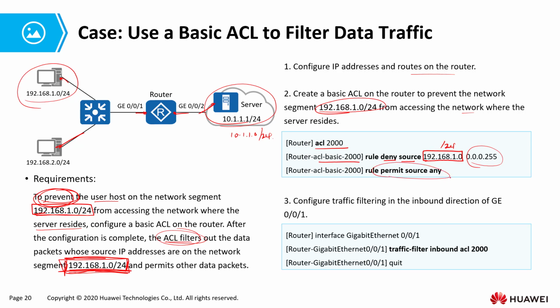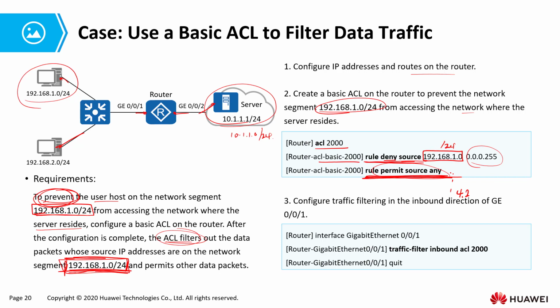Now remember, when we talked about the ACL rules, we said there is an implicit rule at the bottom of these ACLs, rule 4,294-something million, and so on and so forth. That rule will deny all traffic by default. If you create a deny rule like this and you want the rest of the traffic to be permitted, always remember to explicitly permit the rest of the traffic using this rule: rule permit source any.